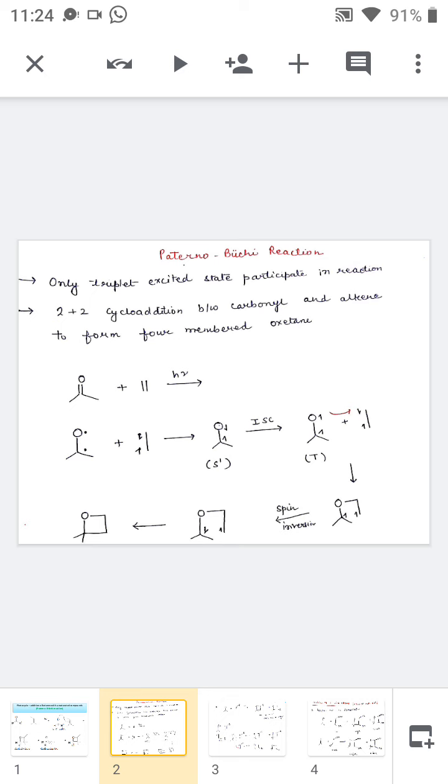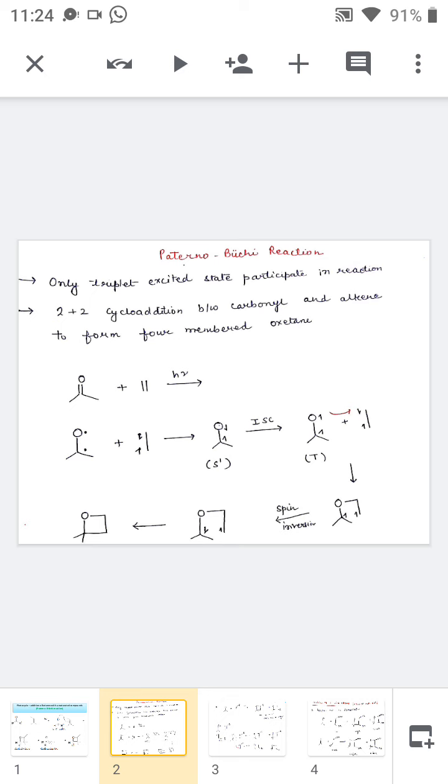Then homolytic cleavage occurs during the absorption and forms the oxygen radical and the carbon radical of the carbonyl, and during this time the multiple-bonded alkene also undergoes homolytic cleavage and forms two radicals. After that, the highly unstable oxygen radical combines with a radical of the alkene.